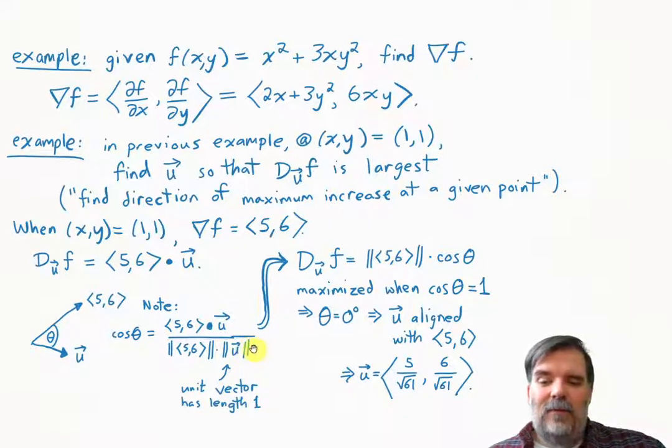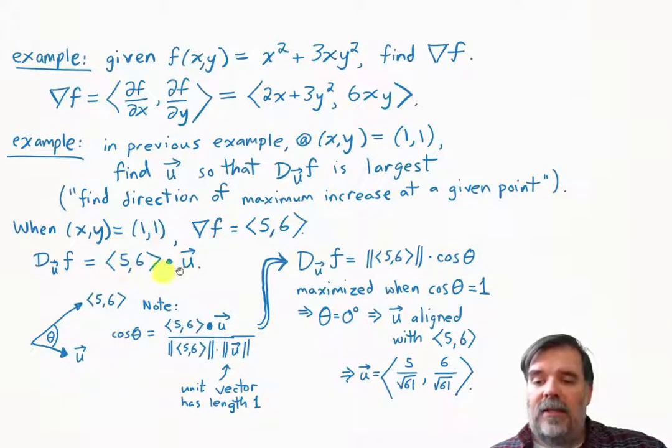The length of a unit vector, no matter what we choose for u, is going to be 1. And dividing by 1 or multiplying by 1 does not change a value, so we can just drop this from the equation. If we rearrange this a little bit, we could move the length of (5, 6) to the other side of the equation. (5, 6) dot u is equal to the length of (5, 6) times cosine theta.